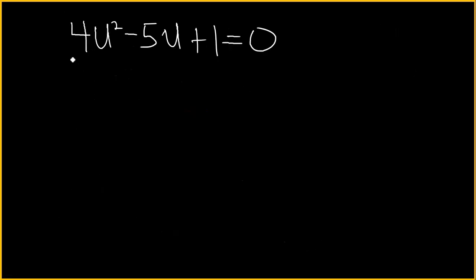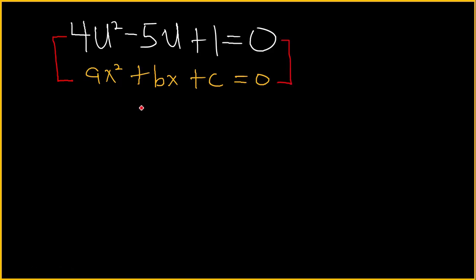So now we've gotten our proper quadratic equation of the form ax squared plus bx plus c equals 0. We are going to simplify or expand this quadratic equation.